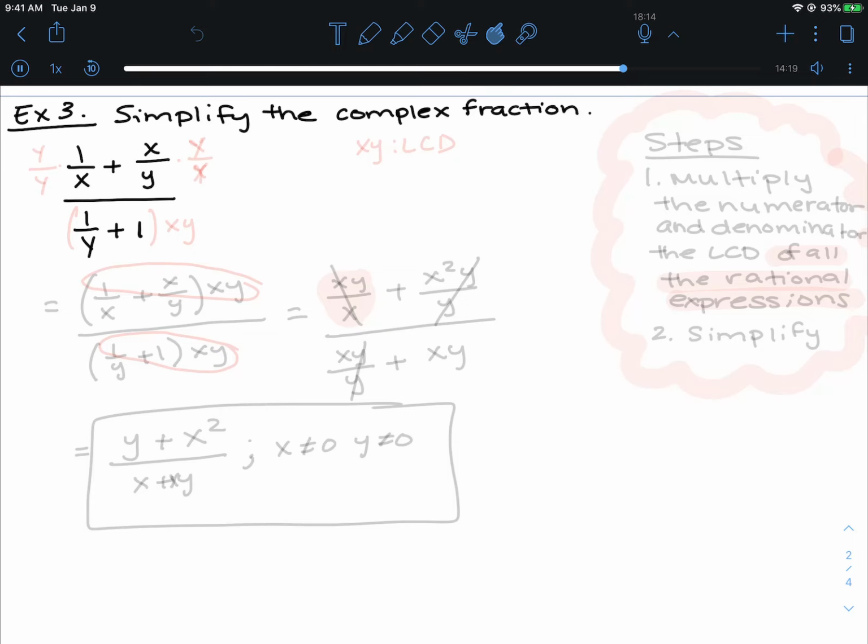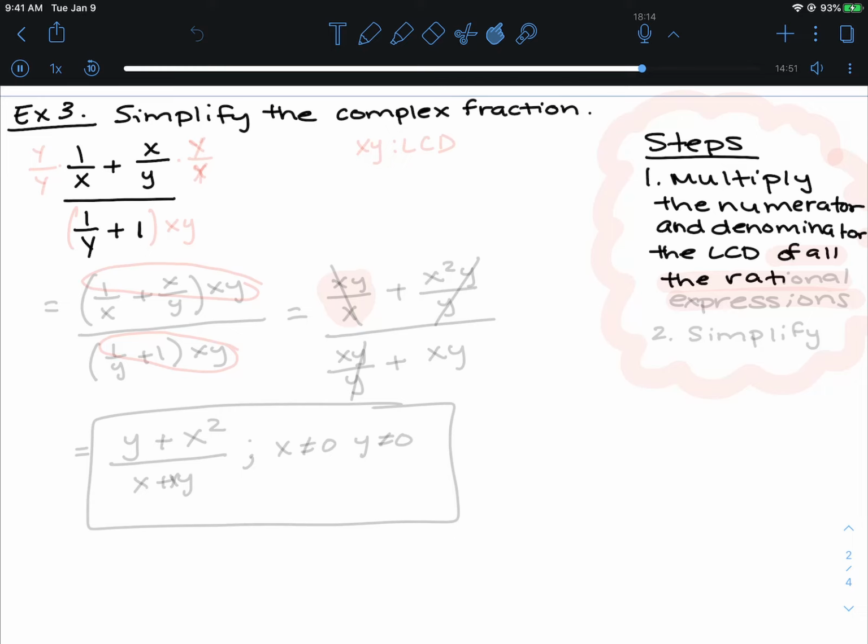Now here, how we're going to solve this is that the first step that we are going to do is that we are going to multiply the numerator and denominator by the least common denominator of all the rational expressions.